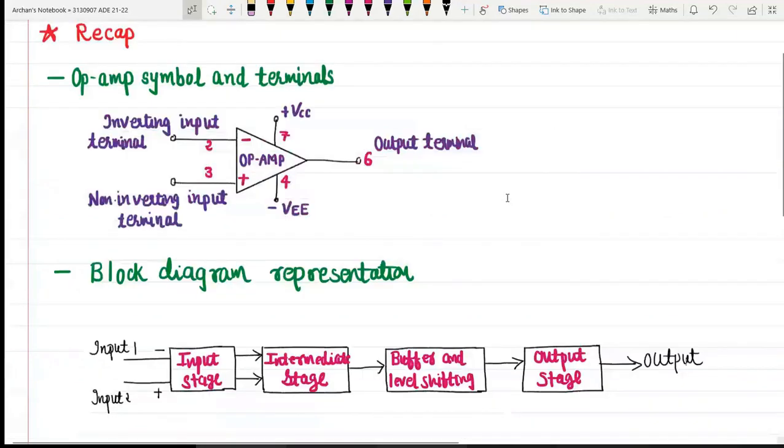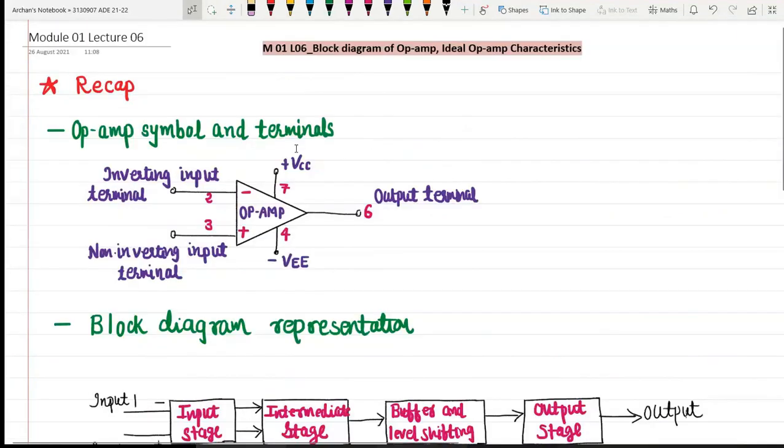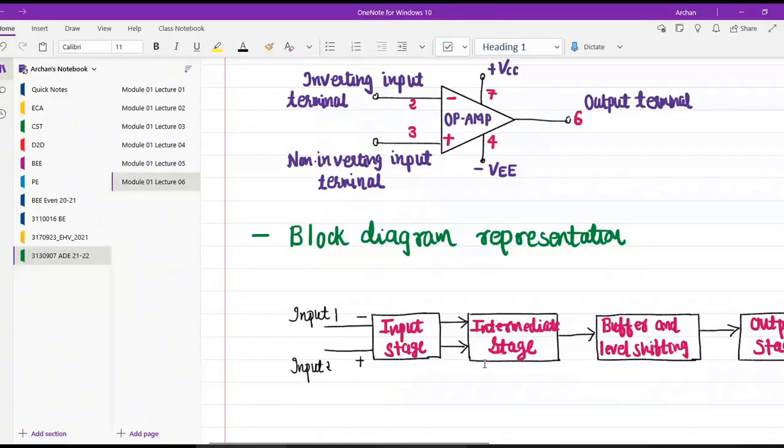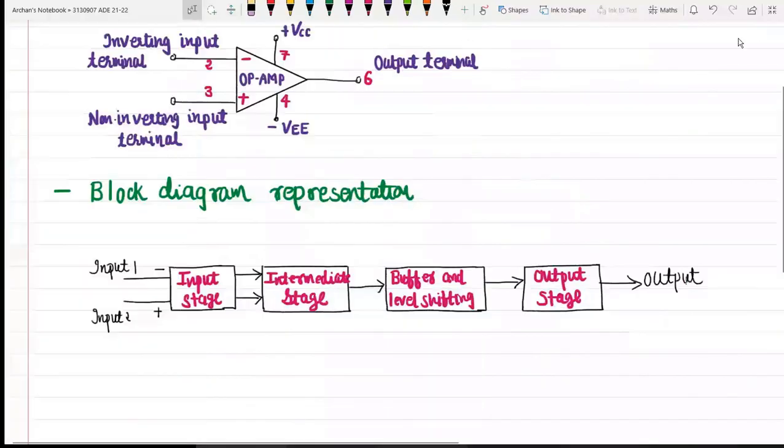Whatever we can see over here in this triangle, these four stages are available: input stage, intermediate stage, buffer and level shifting stage, and finally the output stage, right? And we have also seen what happens. See, in the input stage we will have a differential amplifier, right?